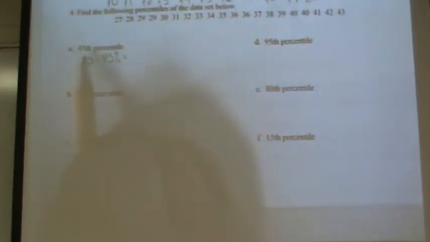So for A, to find the 45th percentile, we're going to take our 20, and we're multiplying by 45%. But remember that you can't multiply by 45, we have to change that so that it's 20 times 0.45. And that's going to give us 9. Now remember, a percentile is an actual point in your data set.